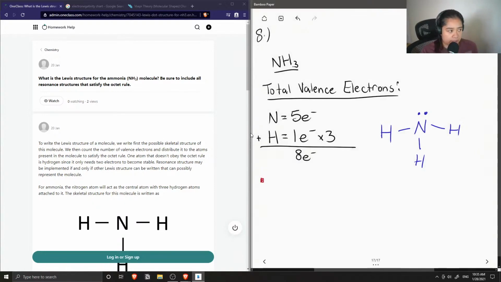We can also find out the type of molecular shape it has by looking at the number of charge clouds. By charge clouds, I mean the lone pairs and the bonded atoms. So we have 1 lone pair and 3 bonded atoms.